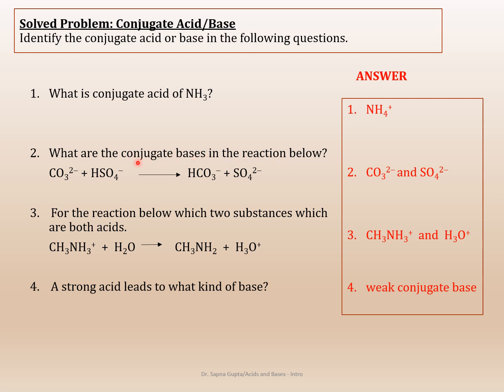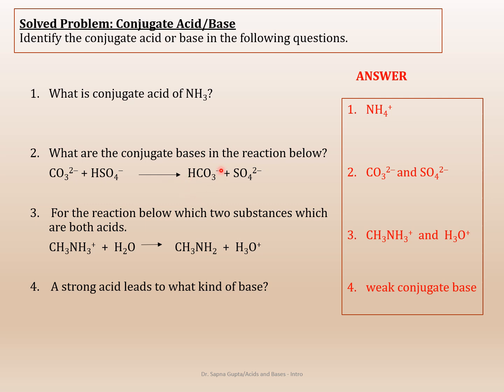The conjugate bases meaning something that is negative, but you can see everything is negative here, which means that we need to focus on what has fewer protons, because remember, acids will give protons. So HSO4 minus here is going to SO4, which means this is the one that's giving a proton.